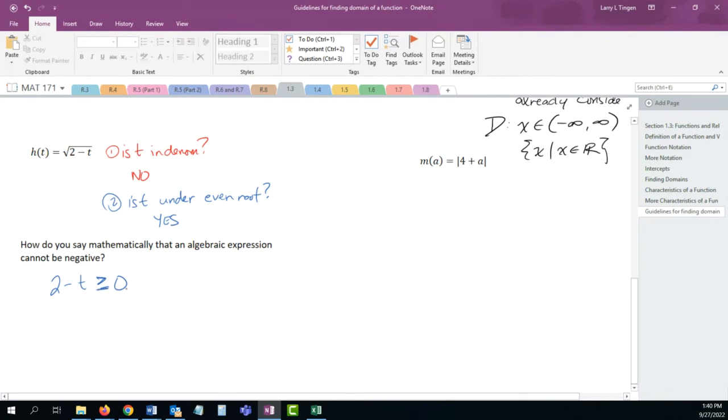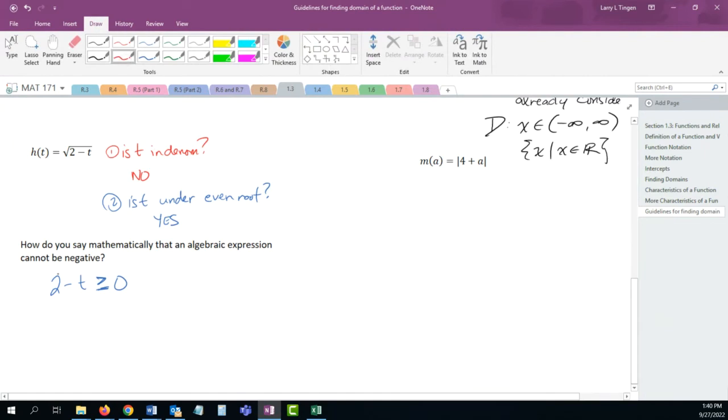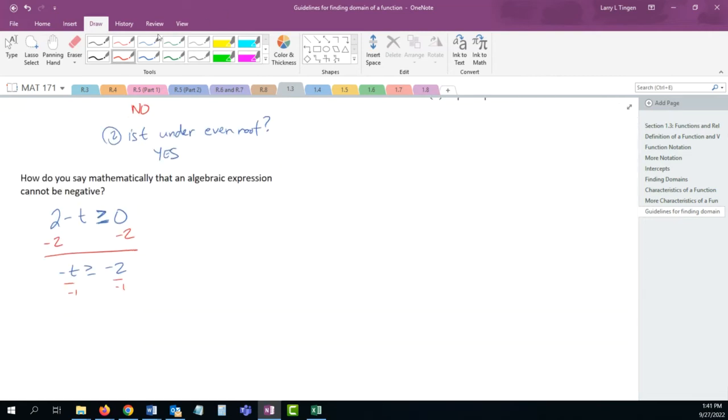I'm going to subtract 2 from both sides, because I don't want the t to get on the wrong side. Subtracting 2 doesn't cause any issues, but t is not by itself. It still has a negative sign with it, so I need to divide both sides by -1, and in doing so I flip the direction of the inequality. So t is less than or equal to 2.